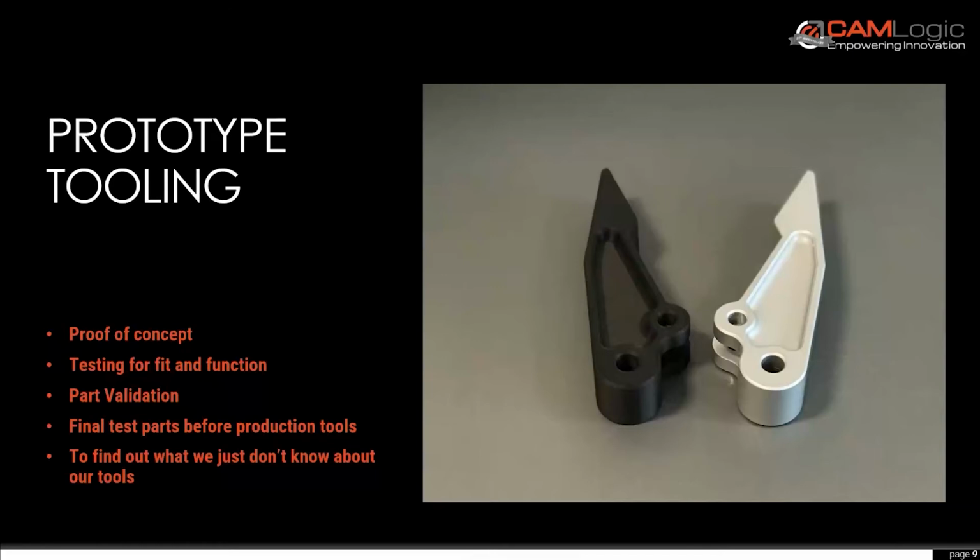That also falls into the final test for production. The biggest thing with prototype tooling is we need to find out how they're going to perform, because we can run all the simulations in the world, but we just don't know how these tools are going to perform until we put them in the real world and put them through their paces.